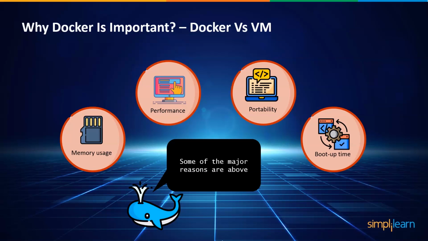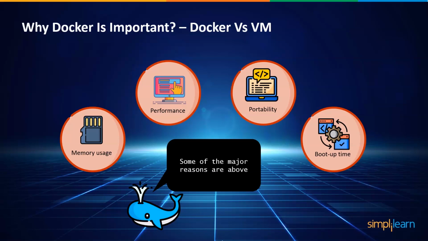Second is performance. If you have less utilization, the performance will be better, but if you are taking up more resources, you will not be able to deliver that amount of performance. Then we have portability. Docker is quite portable as compared to the virtual machine.